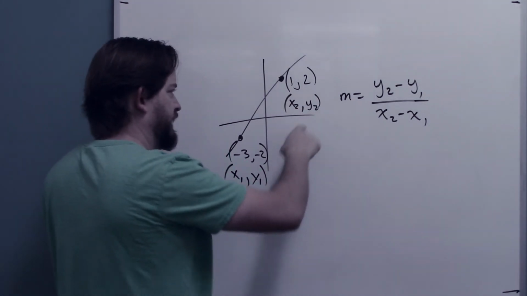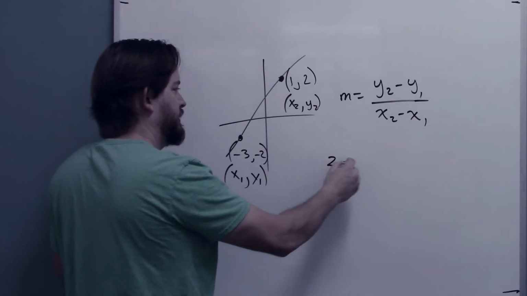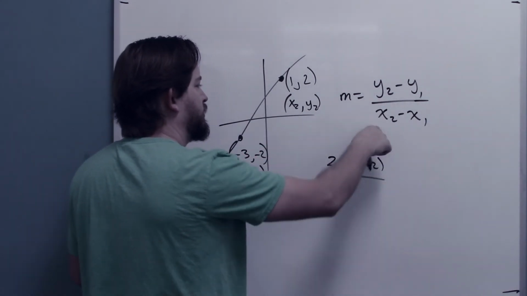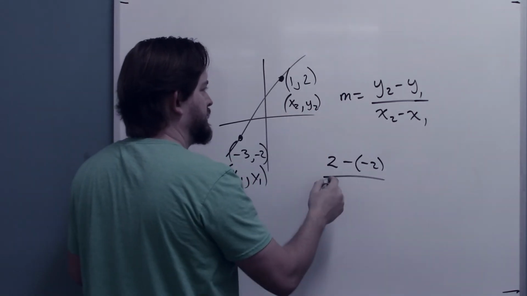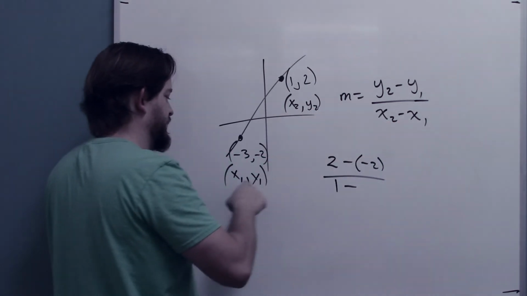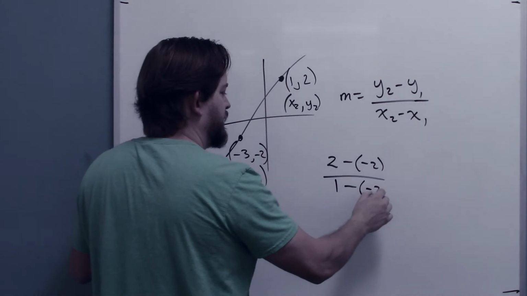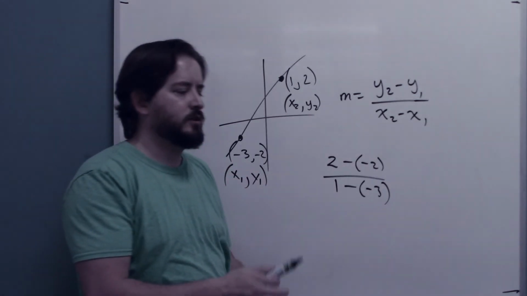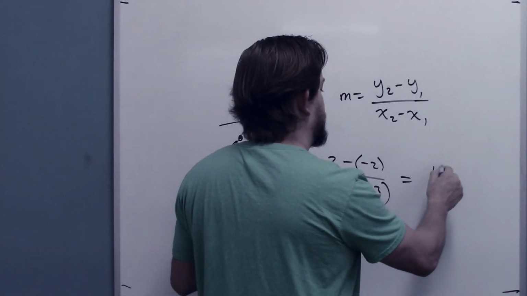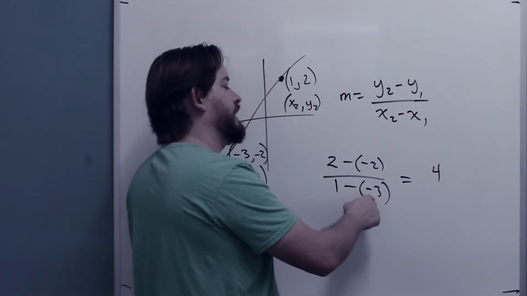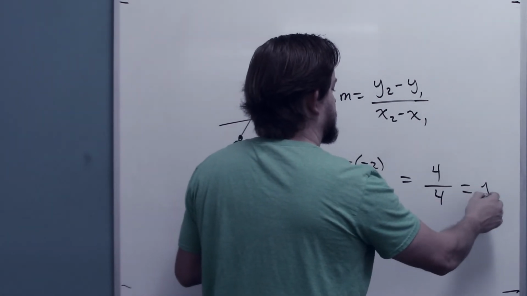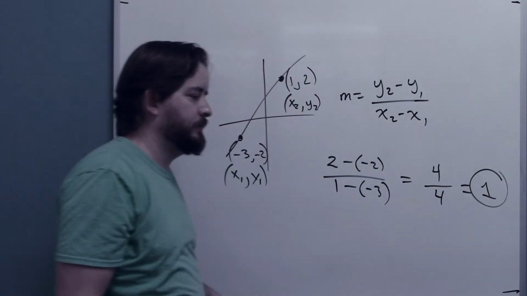And so then I would just take y2 is 2 minus y1 is -2 over x2 is 1 minus x1, which is -3. Watch your negatives here because I minus, so 2 minus -2 is 2 plus 2, which is 4. And then 1 minus -3 is 1 plus 3, which is also 4. And so my slope is 1, right?